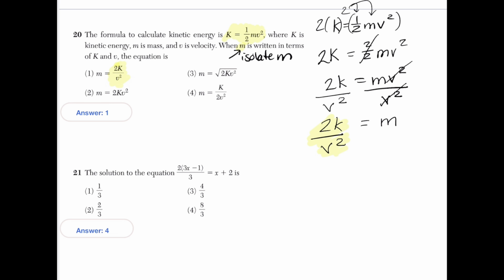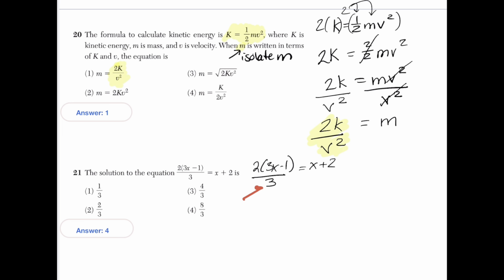Alright, let's look at the second one, number 21, which of course in the beginning also looks a little challenging. So let's just work through it. We start off with 2 times (3x minus 1) divided by 3 is equal to x plus 2. So think about what I said before.